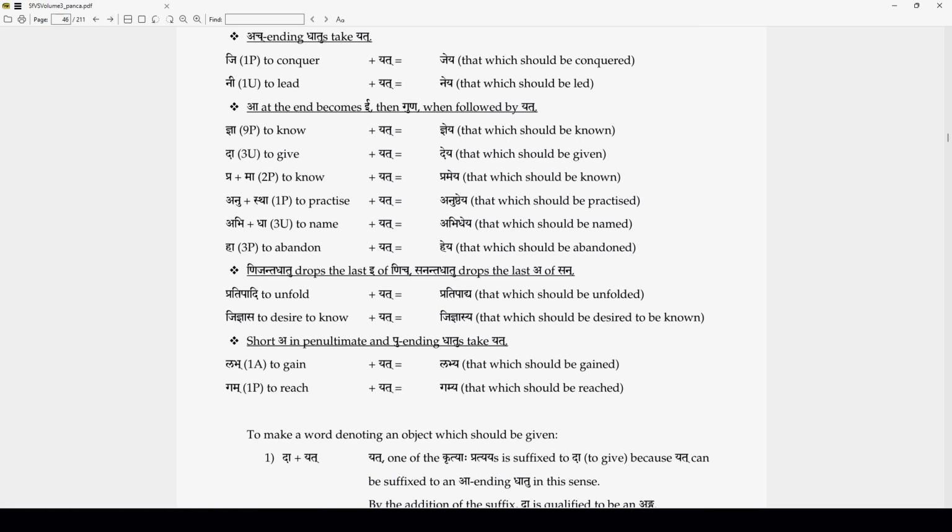Labh. What is labh? The last letter is bha, which is Pavarga. And what is the letter before that? La. It is not la, it is a. Because la contains two letters, right? La is l plus a.